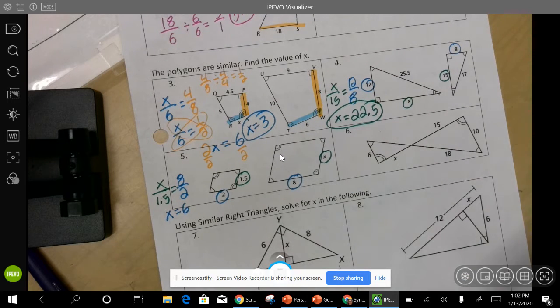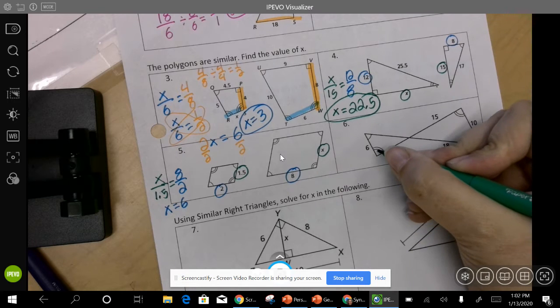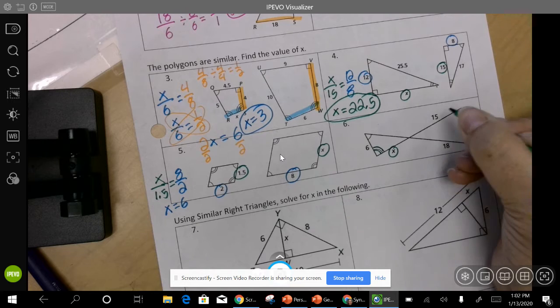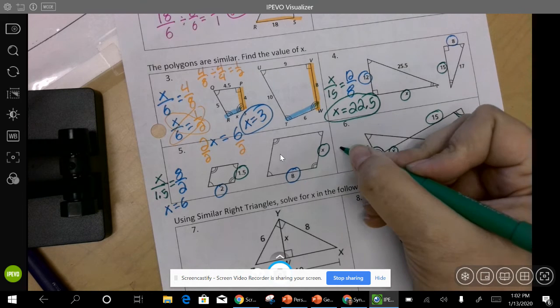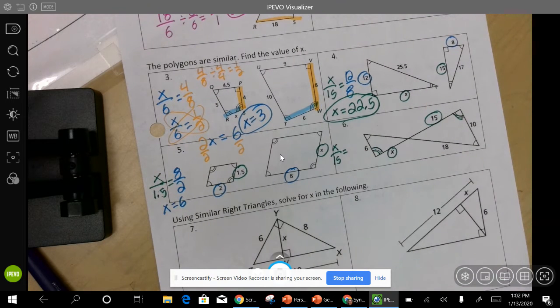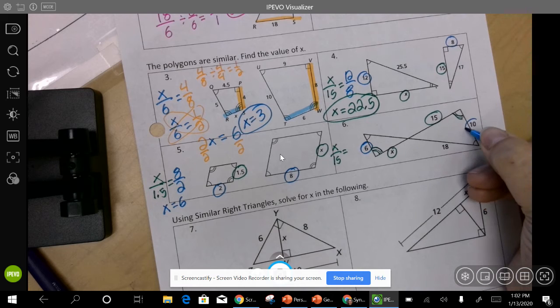Okay, so on this one, I'm going to set it up. I'm going to be careful on this one, looking for those angles, right? So I'm going to do x over 15 is equal to 6.